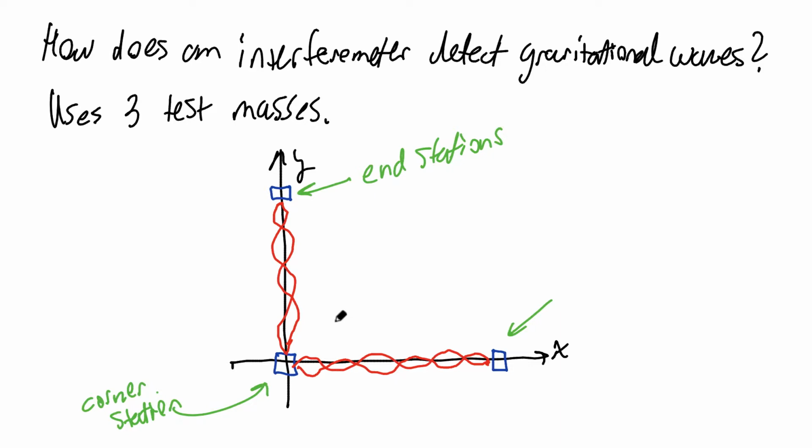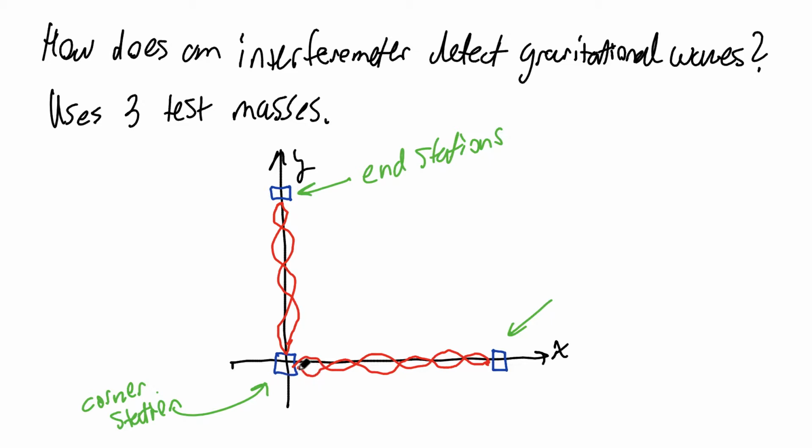The 2 light waves are recombined at the corner station. If the arms have the same length, so the waves travel the same distance, then the waves will be in phase when they're recombined. On the other hand, if one arm is a bit longer than the other, there will be a relative phase shift between the 2 waves, and this will show up as an interference pattern when the waves are recombined.